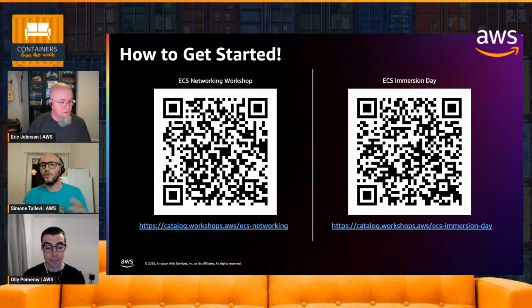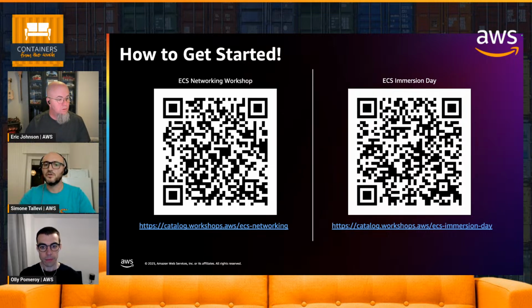Or if you want to know more about ECS in general and all the features available, I invite you to run this workshop in ECS Immersion Day. It covers a lot of basic features of ECS, and it shows a lot of details. For me, my call to action for you is to get in touch with your AWS representative and have them run this workshop for you, and let's try ECS in action.